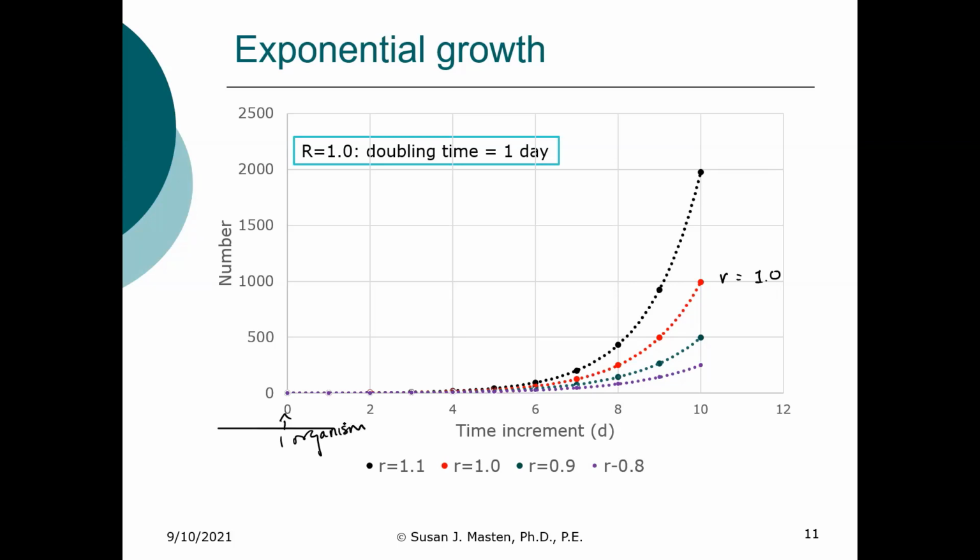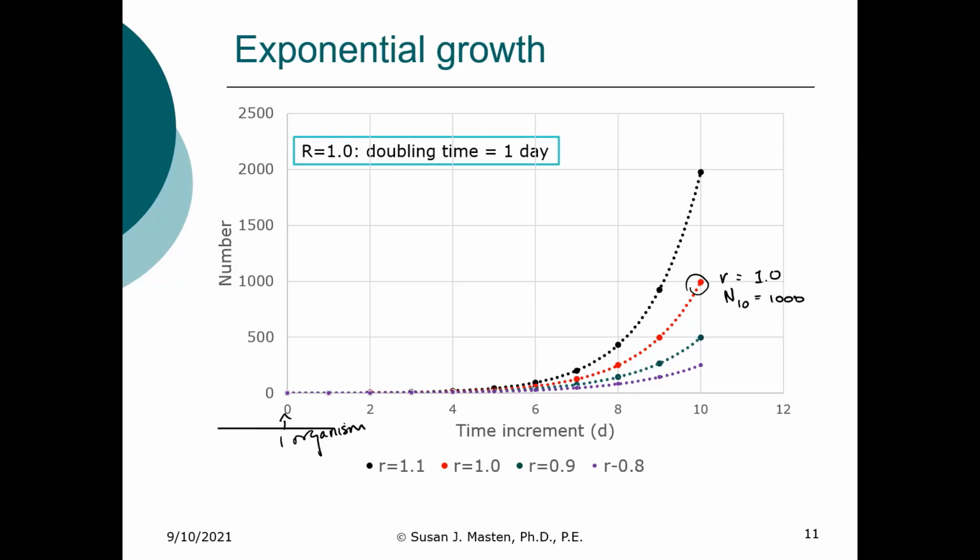After 10 days, with an R equal to 1 and a doubling time of 1 day, we have 1,000 organisms. So N at 10 days is equal to 1,000.